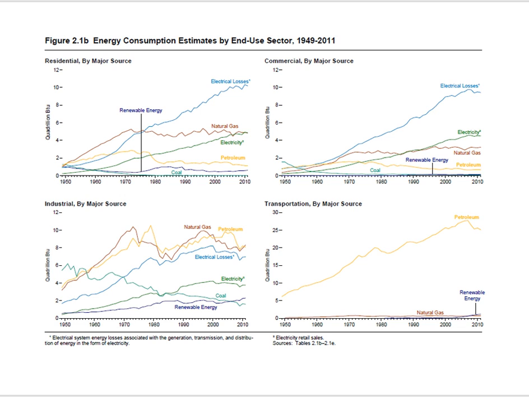Right, so the story of energy production and energy use, there's sort of two separate pieces. And we have to disaggregate production by source, whether it's petroleum, coal, natural gas, nuclear, renewable, and also by end-use sector, commercial, residential, industrial. These all use electricity.